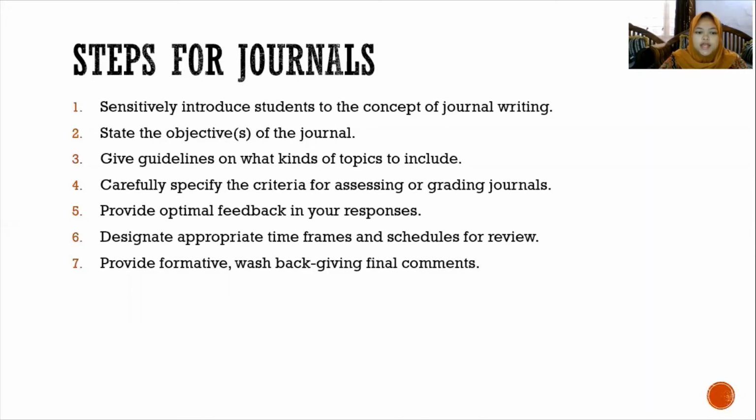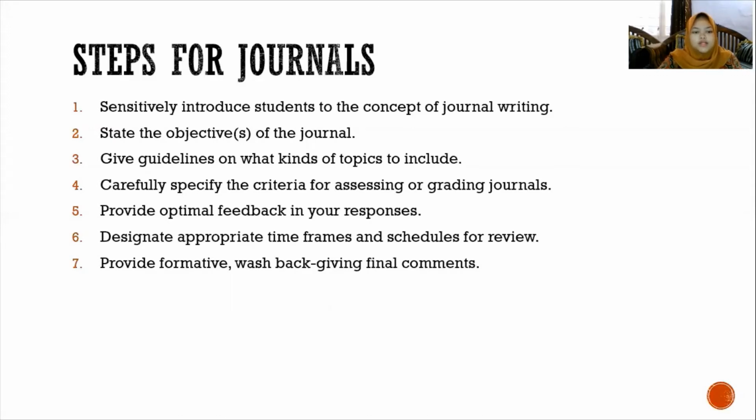The third is give guidelines on what kinds of topics to include. So it means that the teacher should give a specific topic to the students. The second is give the objective or the goals, and the third is topic.